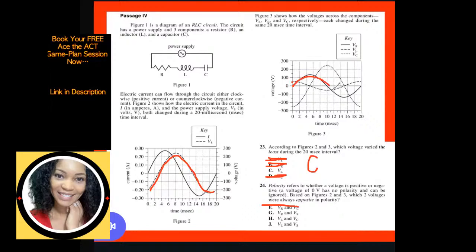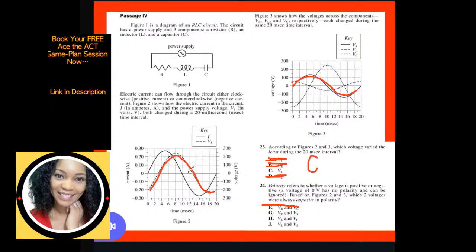This one is not 0, but it doesn't matter because 0 is no polarity and we need them to be opposite, and you can't be opposite if this one is negative. Negative and no polarity are not opposites, okay?